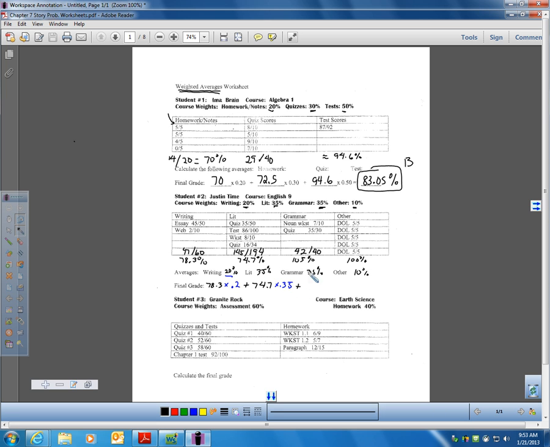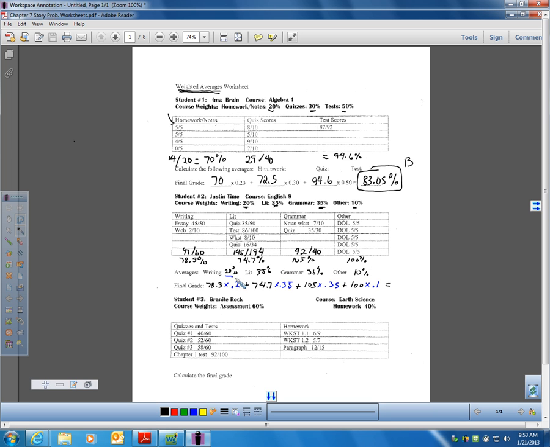Plus, I got to take the 105% they had in grammar, and multiply that by 0.35. And finally, I got to add on the 100% they had in other grades, and multiply that by 0.1. And this is going to give me their final grade.